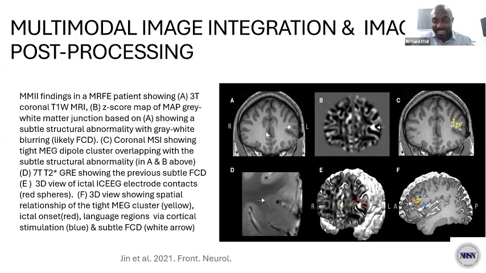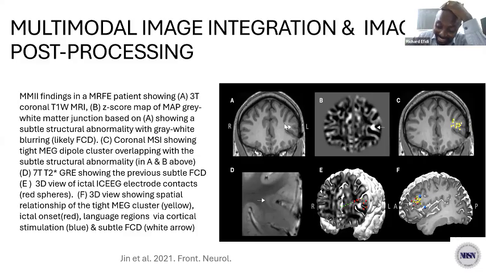Okay, so this is another interesting case of investigation of MRI-negative epilepsy. This lesion, which is very subtle, was actually missed initially. Yet seizure semiology and EEG pointed to an epileptogenic focus in the frontal lobe.